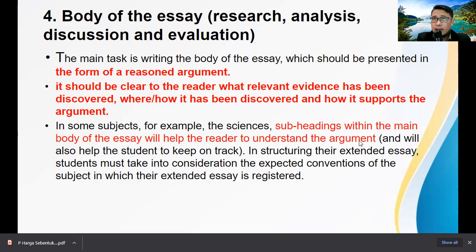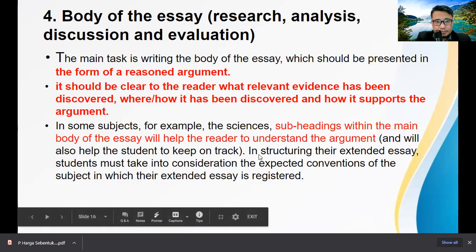So in the main body of the essay, you are also advised to use subheadings. It will help you and also your reader to understand the whole argument that you put in your main body. But again, you must take into consideration the expected convention of the subject in which your extended essay is registered.